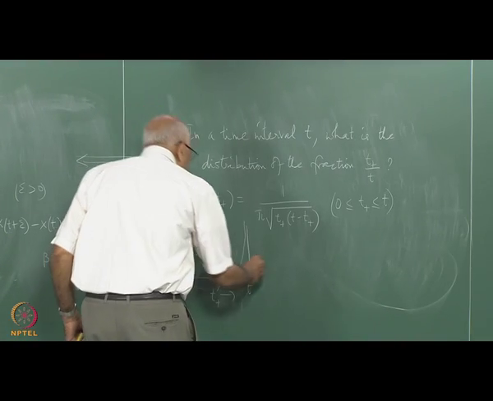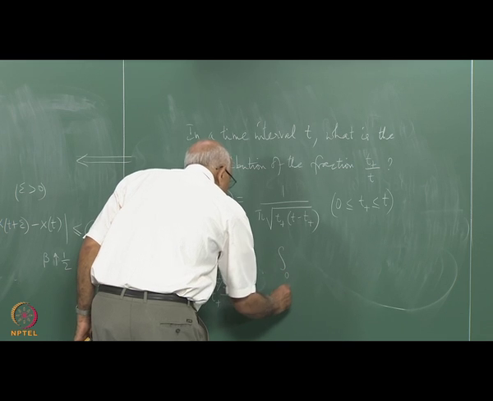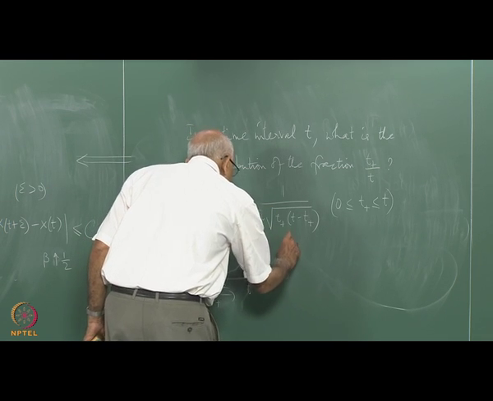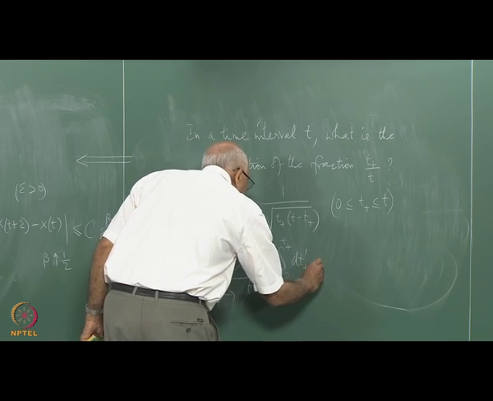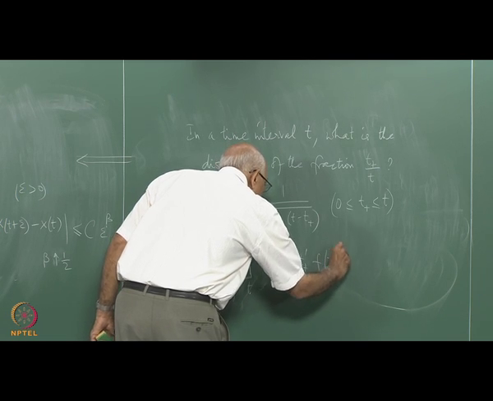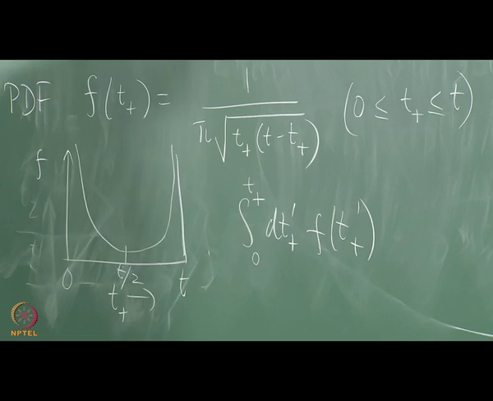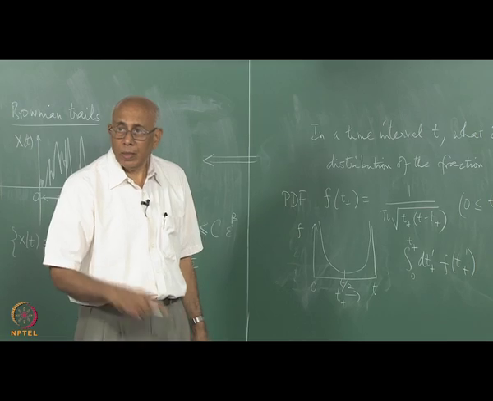The cumulative distribution function, the integral from 0 to t plus of f of t plus prime dt plus prime, is the actual distribution function of this fraction, and when t plus is equal to t it should be equal to 1, right.